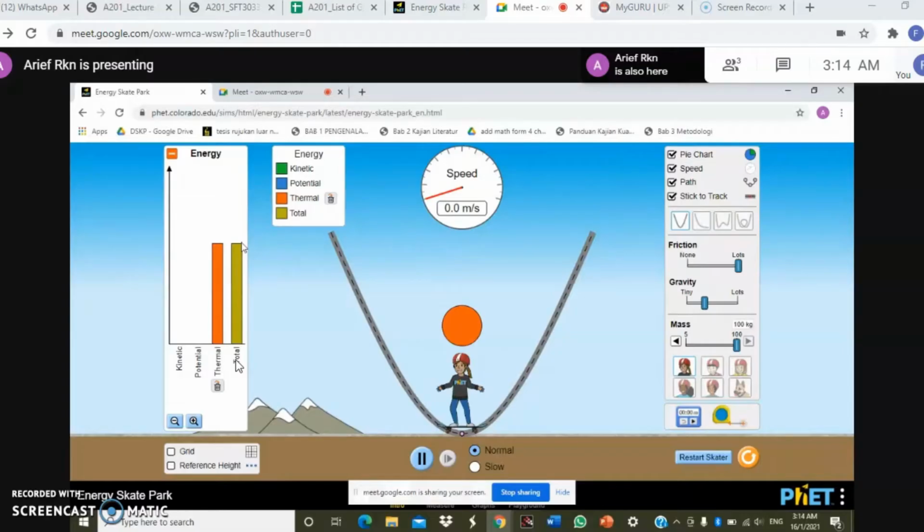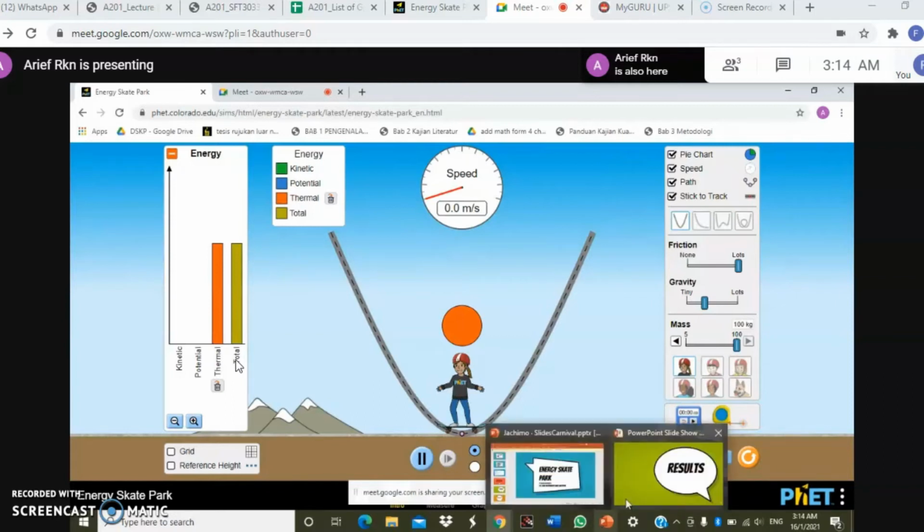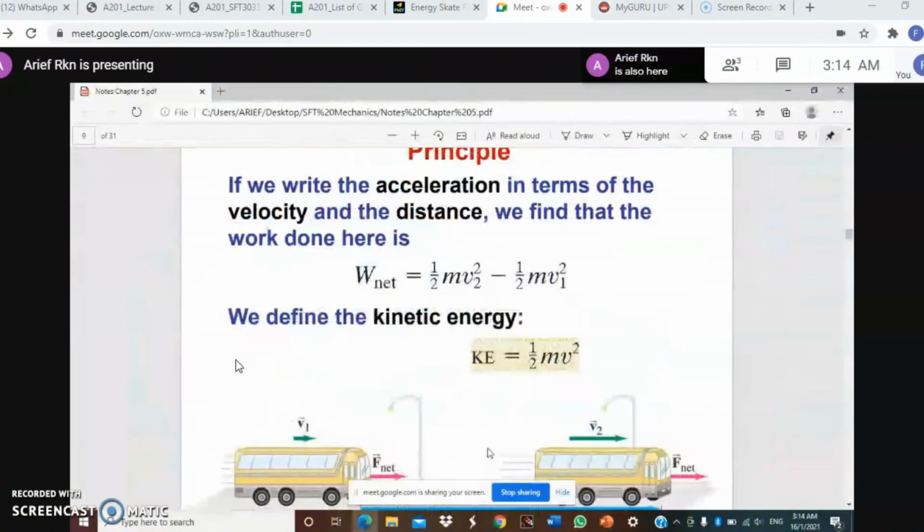Now we move to the discussion. Can you open the slide that we learned in our mechanics class? Okay, as we can see here, about our discussion, how we can relate that simulation to our syllabus.